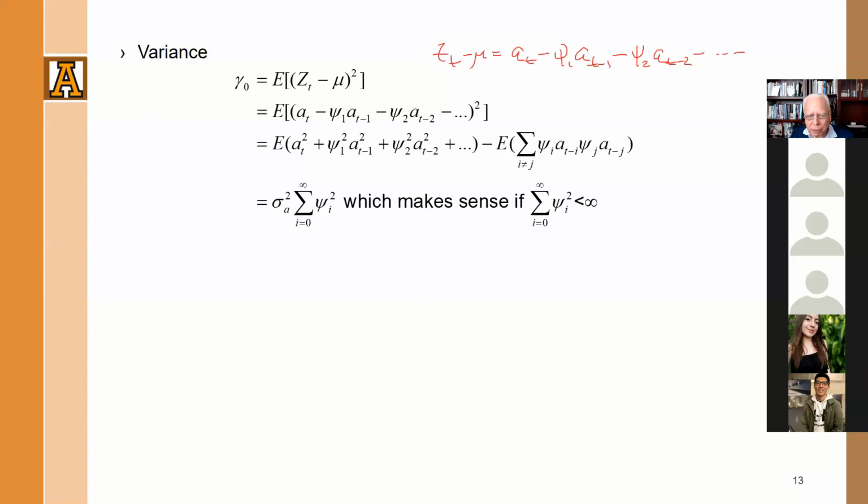So the sum converges, and this term here will be the sum of psi_i squared times sigma squared. If we assume that the sum of psi_i squared is finite, which will be the case if the sum of the psi_i's in absolute value converges, then this term is sigma squared times the sum of psi_i squared. And this here will be equal to what?